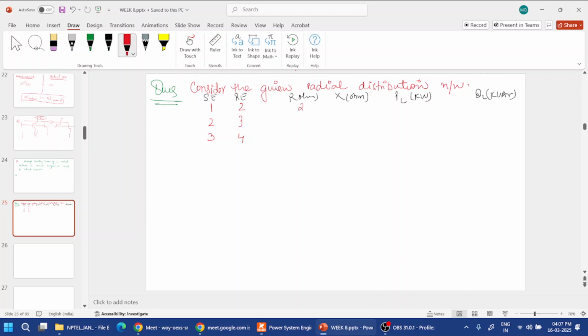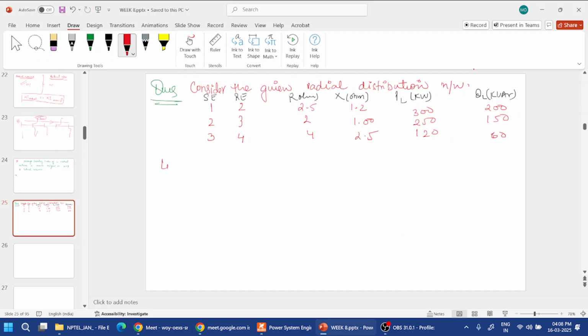The values are 2.5, 1.2, 2, 1, 4, 2.5. Loads attached are 300, 200, 250, 150, 120 and 60.